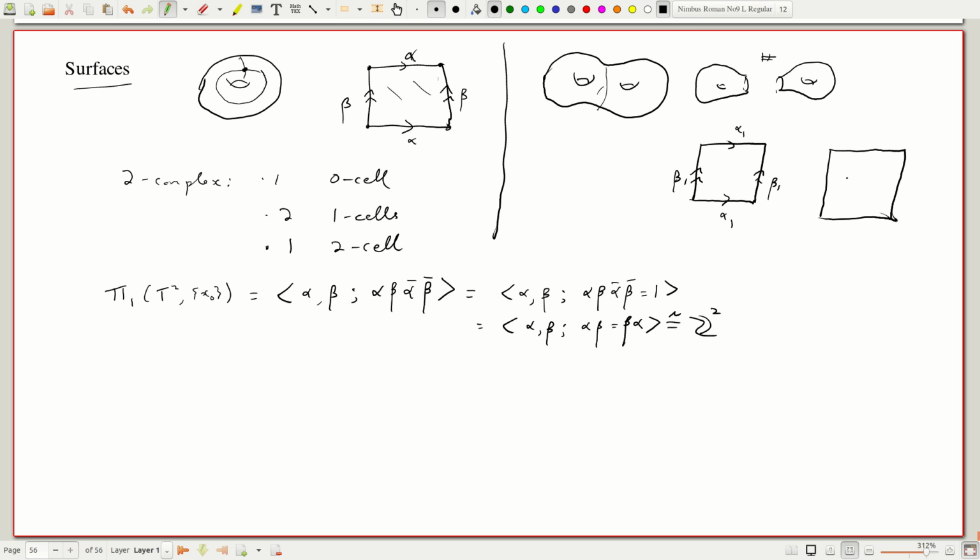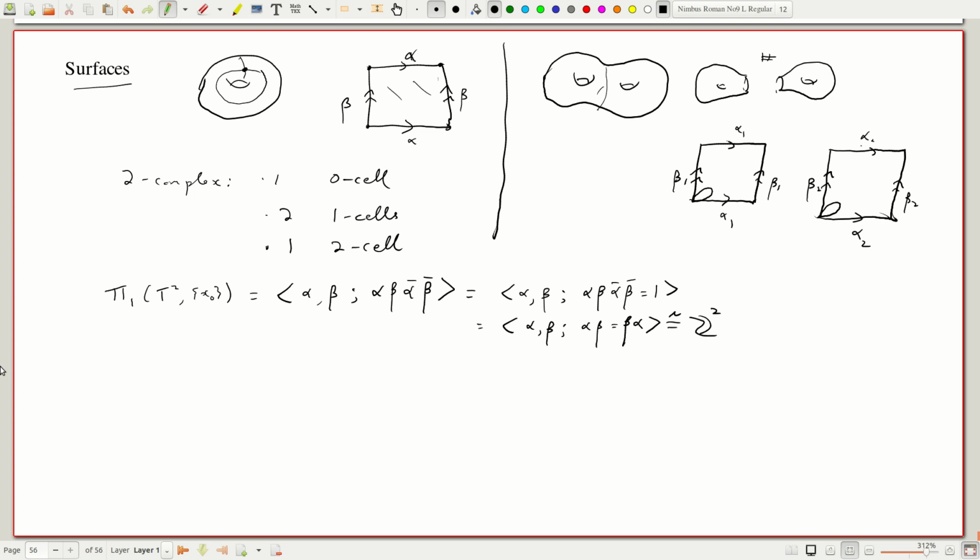What happens to this one? Well, this is alpha 2, this is beta 2, this is alpha 2 bar, but since I changed the arrow, I can call it just alpha 2, and beta 2 bar. Now we are supposed to be deleting disks from that. So let's delete a disk at the vertex like this and like this.